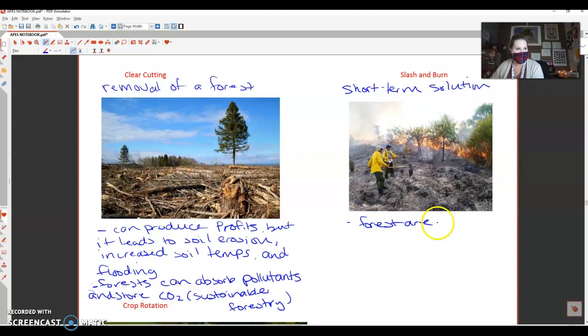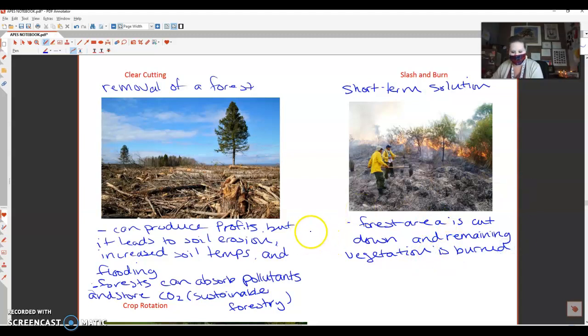A forest area is cut down. And the remaining vegetation is burned. Okay. Again, it does create nutrient-rich soil, but it's only temporary.